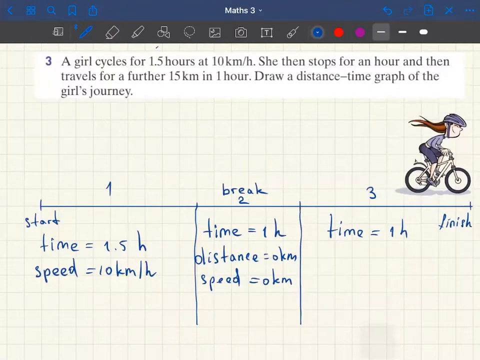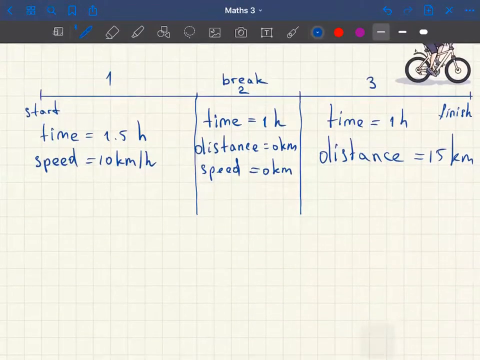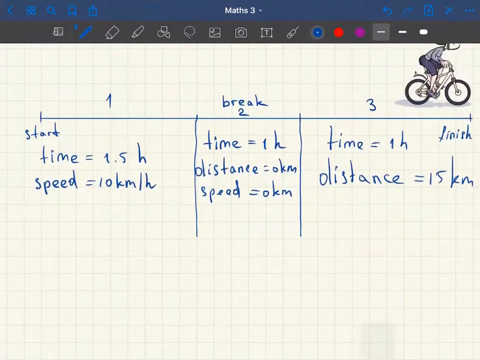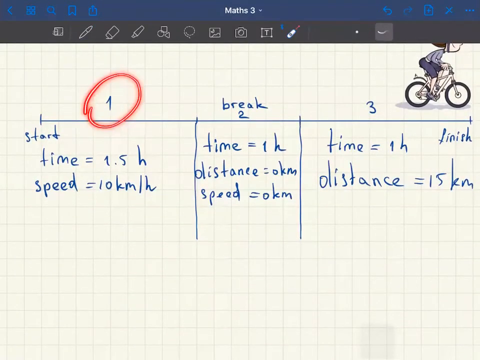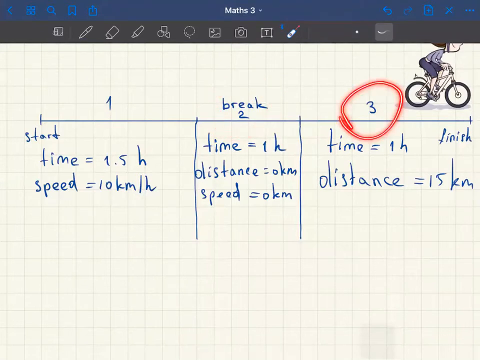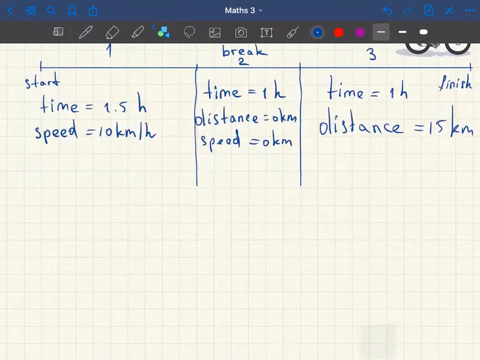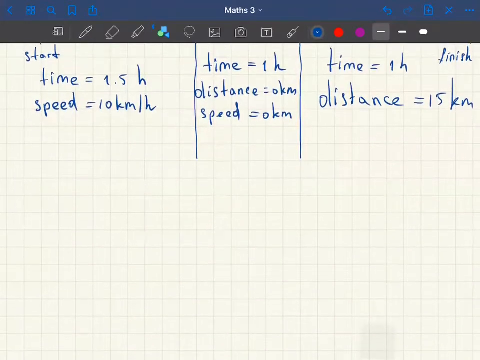So time is 1 hour, and the distance she travels is 15 kilometers. Okay, so we have this data now. You can see it. Region 1, where she travels a bit, region 2, where she rests, and the final region 3. And now we can plot the distance time graph.